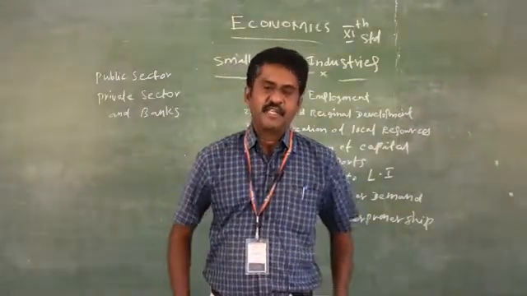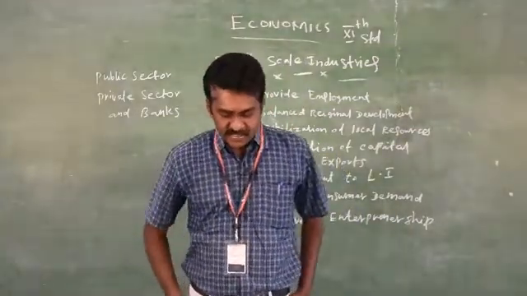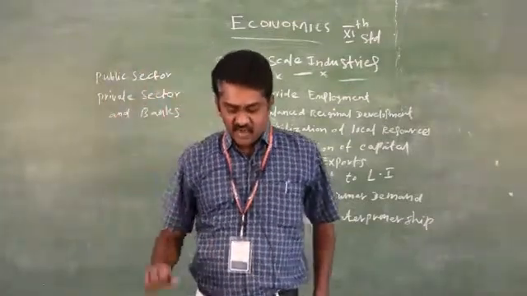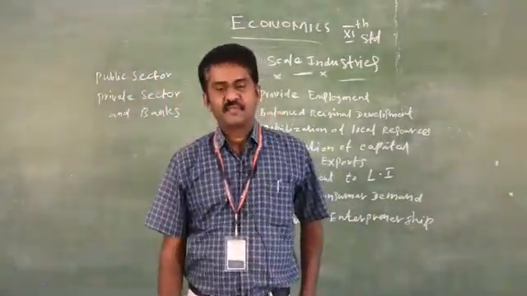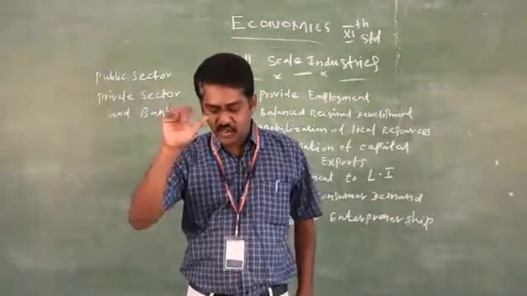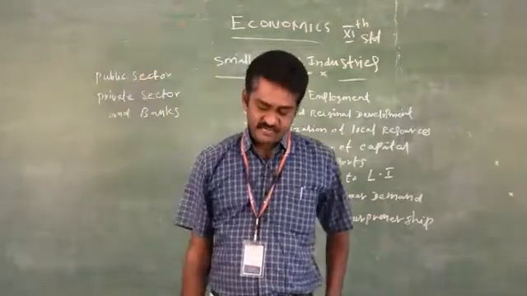In your books, on page number 179, there is nationalization. In July 1969, 14 banks with deposits above 50 crores were nationalized.